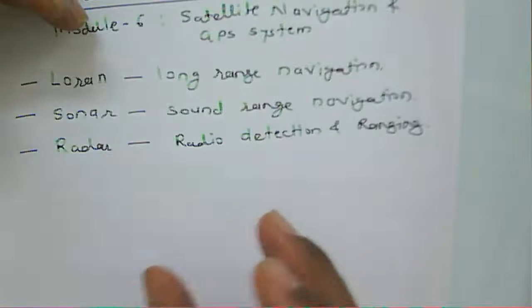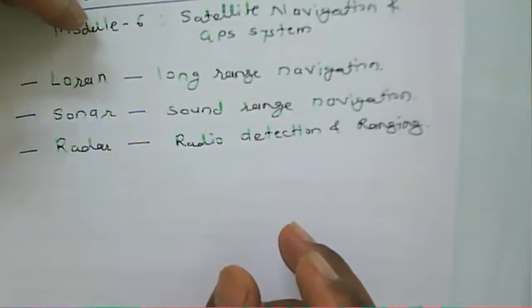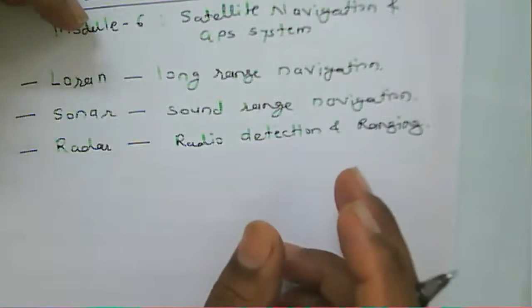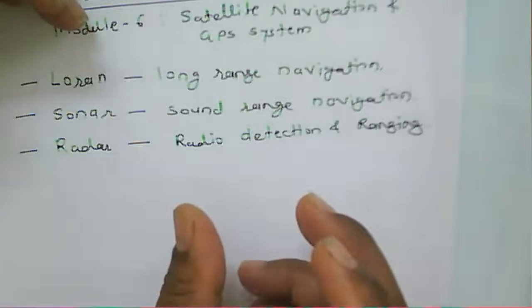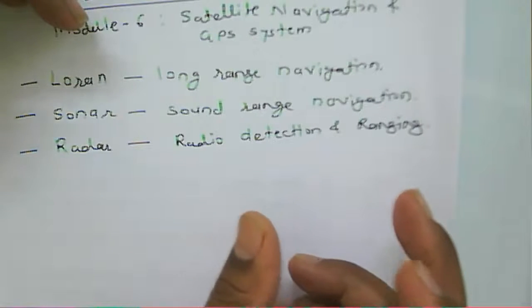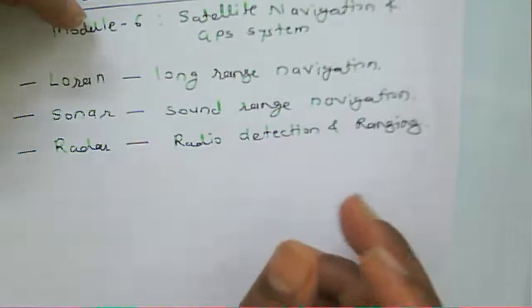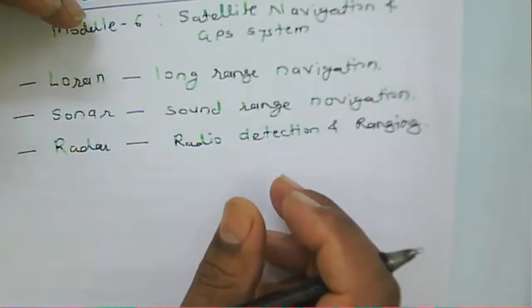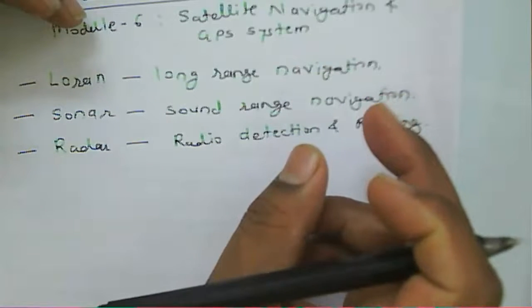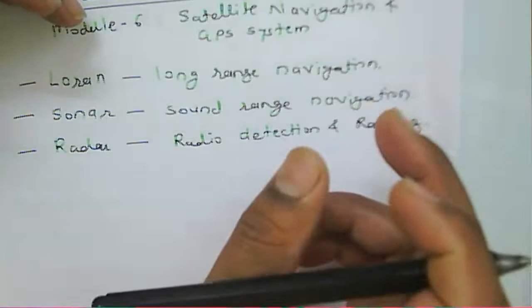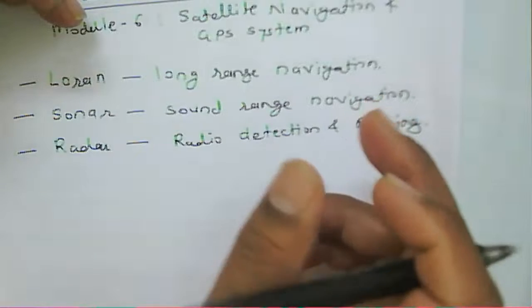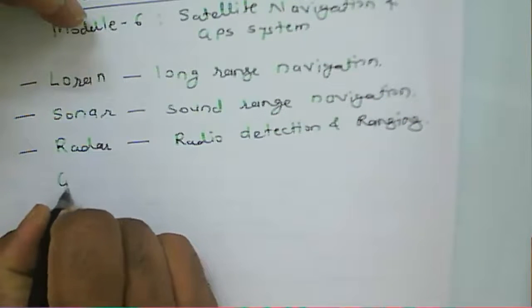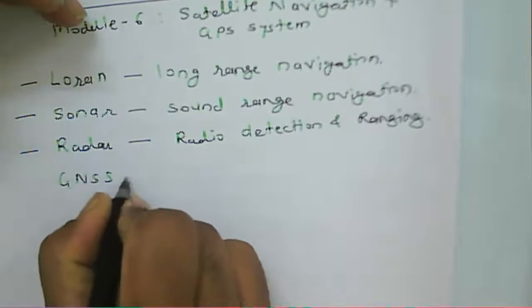So in the satellite navigation system, we can find the accurate position and timing anywhere on the earth. That's why, for the satellite navigation system, people use the name global navigation system, GNS.